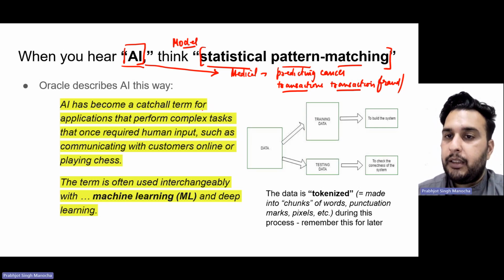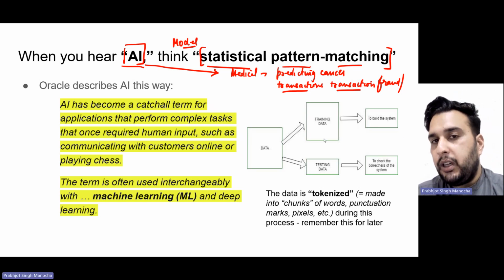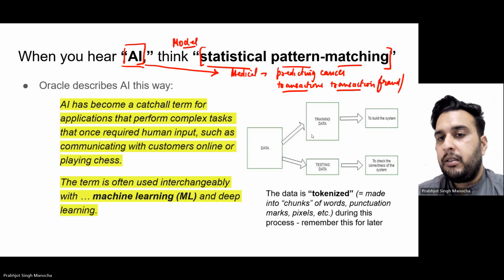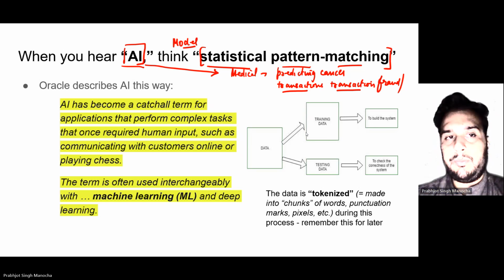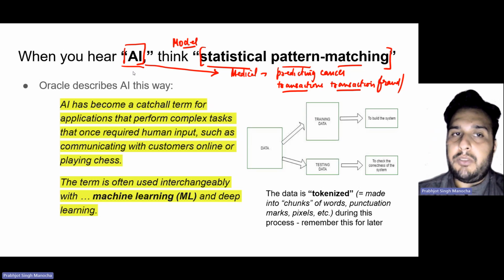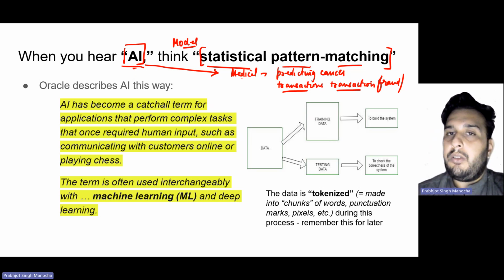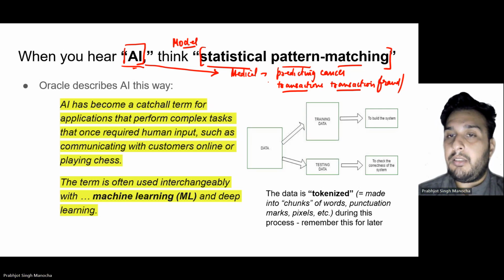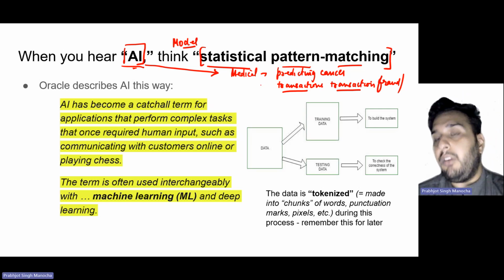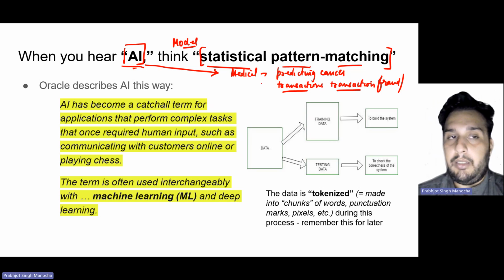And through that data, it will do the pattern matching, and then we'll be able to understand how it is being used. So this is why, when we talk about AI, we are talking about statistical pattern matching. That means the model can take data as an input, learn from that data, and then work on predicting.